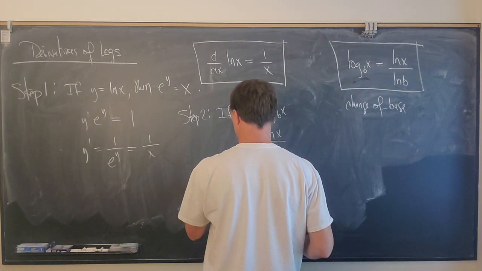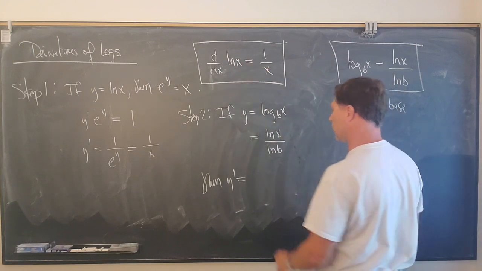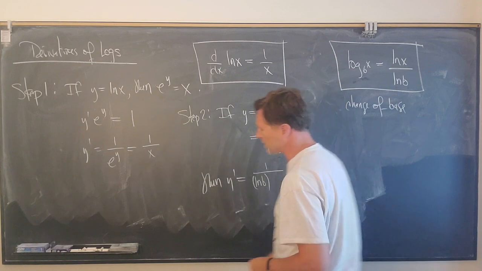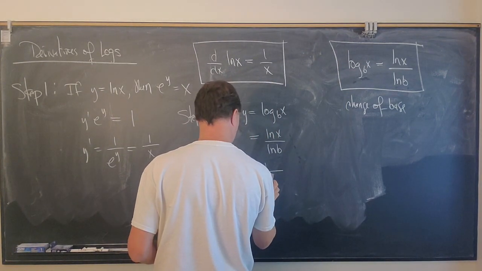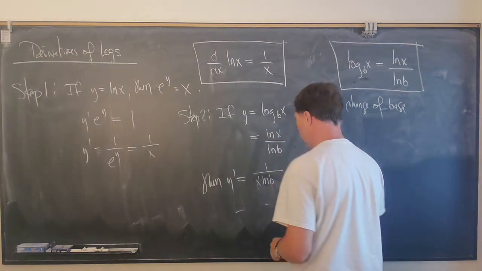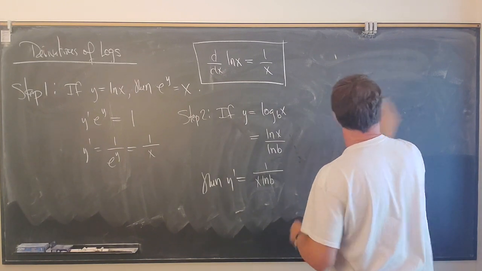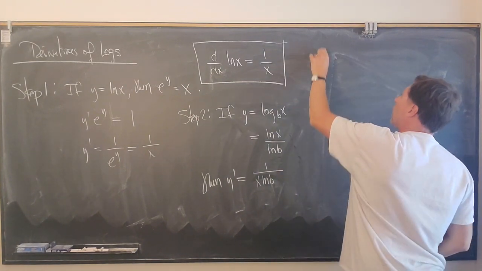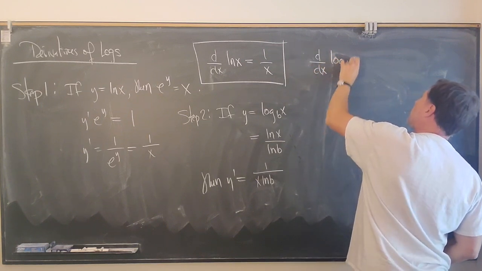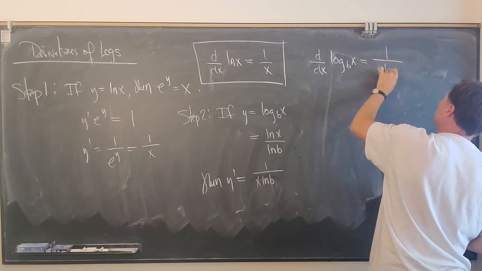Then y prime of x, taking the derivative using this formula, will be 1 over the natural log of b times x. I usually write it with the x first, so it'll be x times the natural log of b. So our more general formula: the derivative of log base b of x is equal to 1 over x natural log of b.